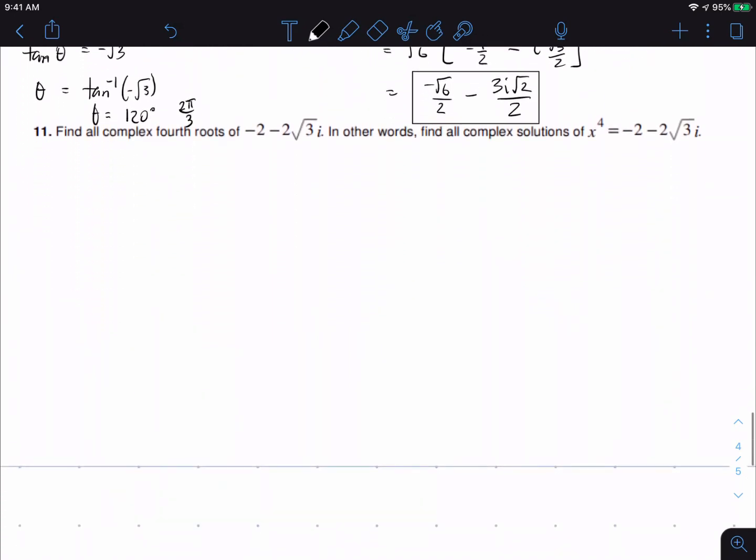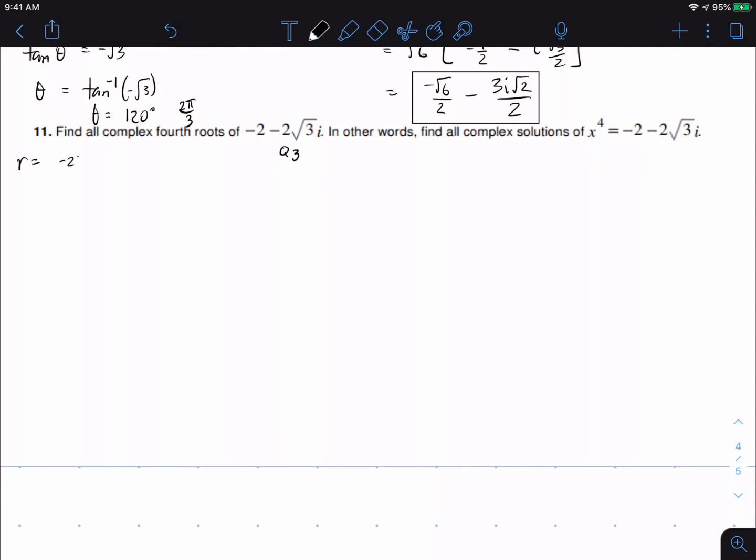Okay, so what quadrant are we in with this one? Yes. So in this one, we're in quadrant 3. So let me find r first. That's just the habit I've gotten into.